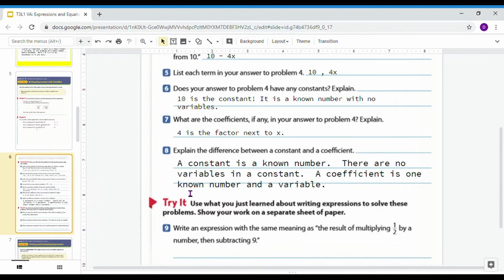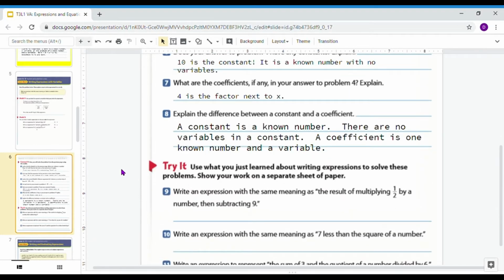And we are not done here. So it says use what you just learned about writing expressions to solve these problems. Show your work on a separate sheet of paper. So I'm going to go to the dry erase board for numbers 9, 10, and 11 and stay up there with you guys through this time.